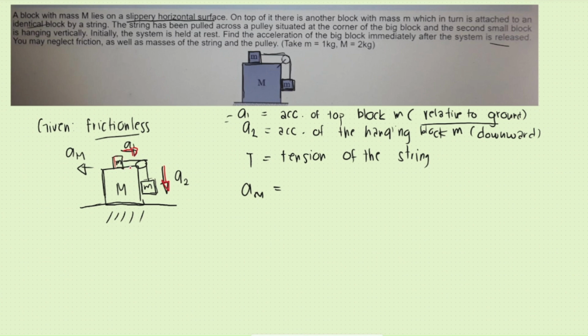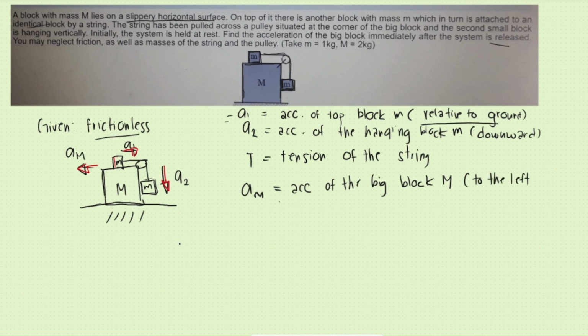Because of this, after releasing the system, the big block will move to the left, and we call that acceleration AM, the acceleration of the big block M, to the left.